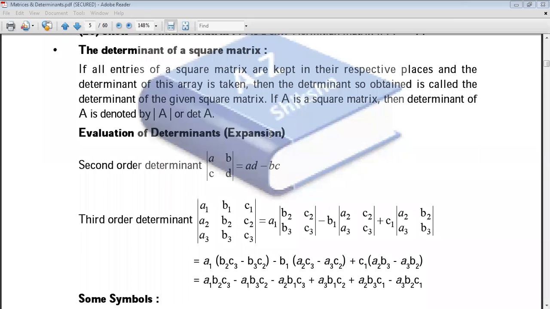Okay, so number one difference, write down number one difference.